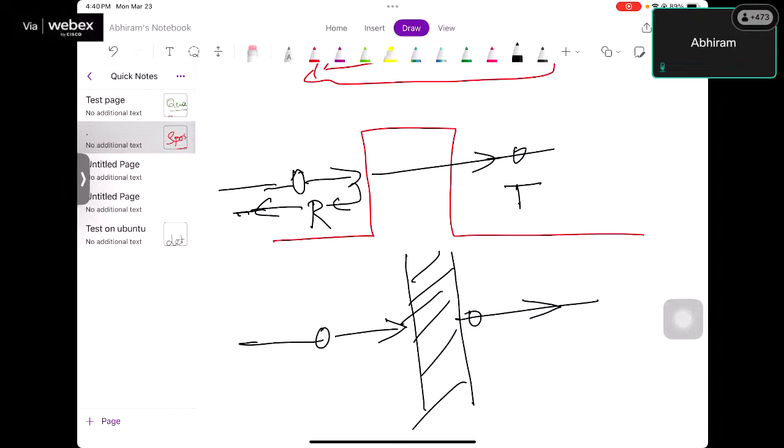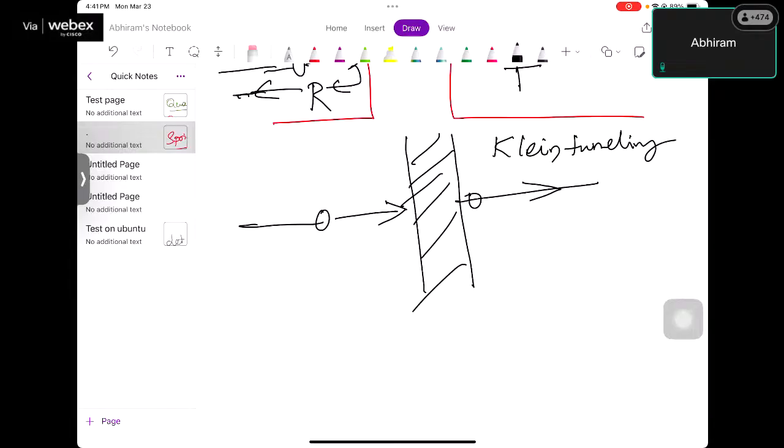This is a phenomenon in high energy physics. Okay, Klein tunneling. Because this basically originates from the relativistic version of the Schrodinger wave equation, which is called the Dirac equation. There, this Klein tunneling is very commonly known.